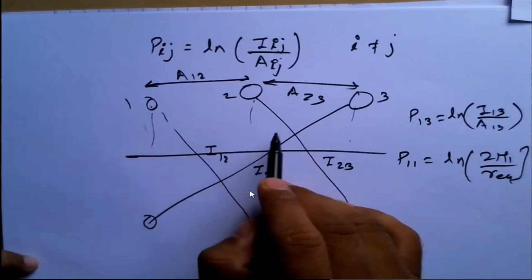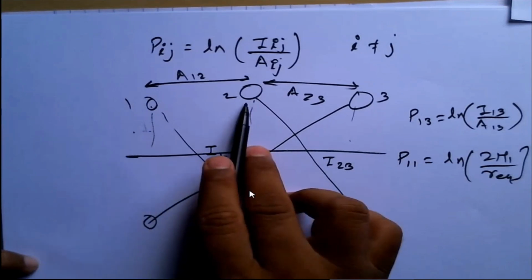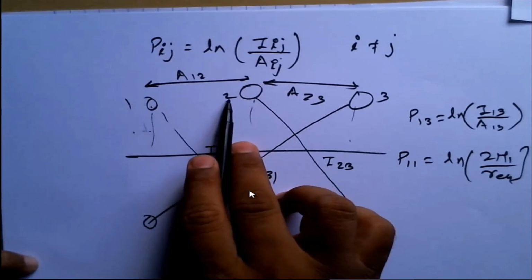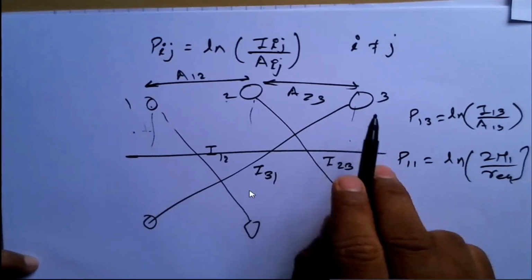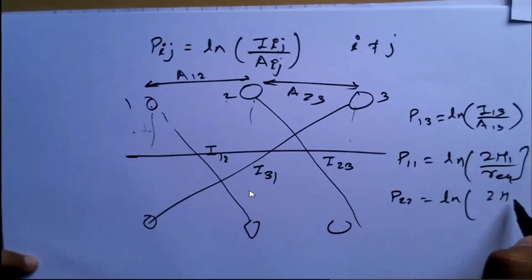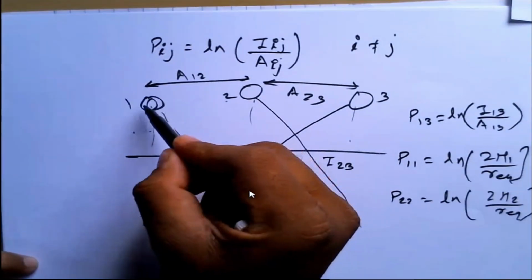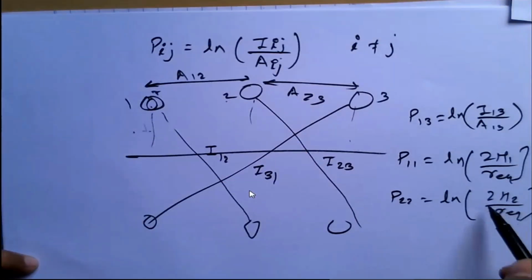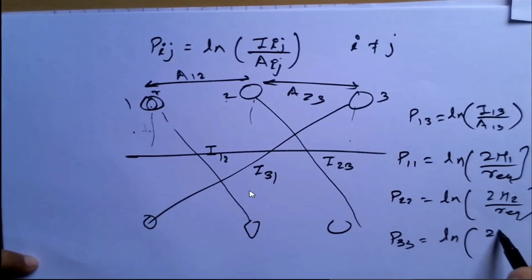If these heights are different, then for P11 it is ln of 2h1 upon R equivalent, P22 will be ln of 2h2 upon R equivalent, and I will consider that all the conductors have radius small r, so this will be R equivalent. Similarly, P33 will be ln of 2h3 upon R equivalent.